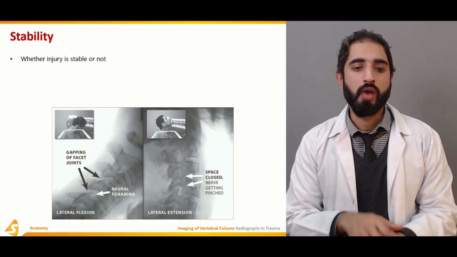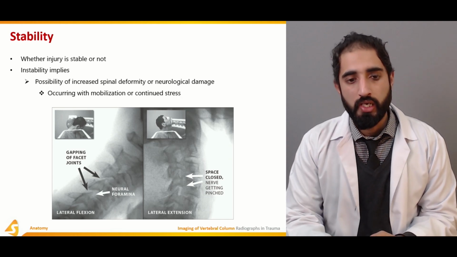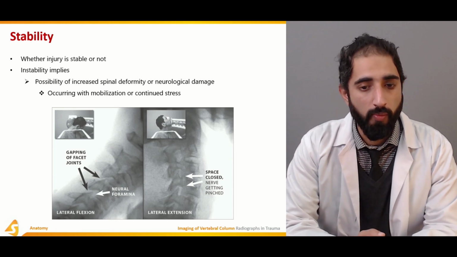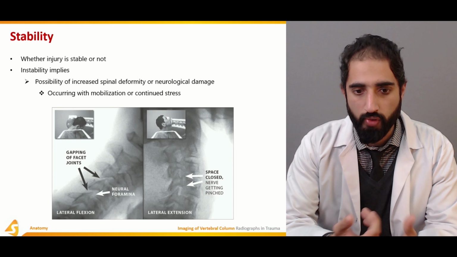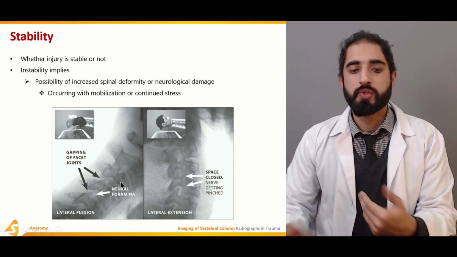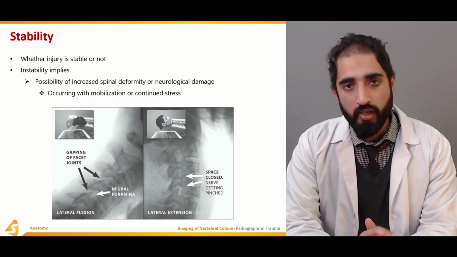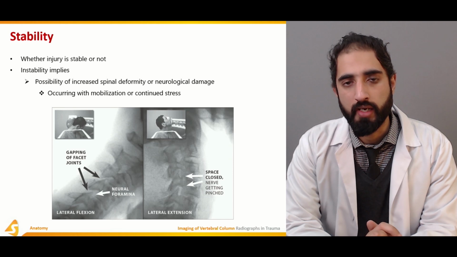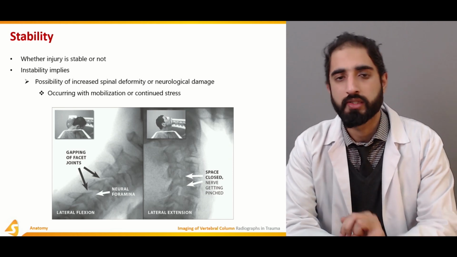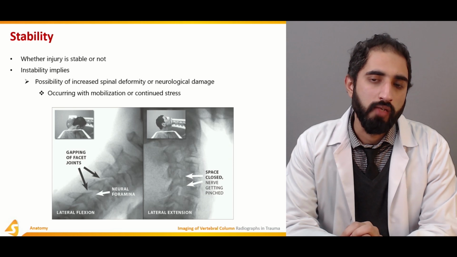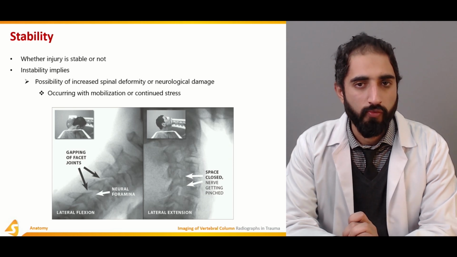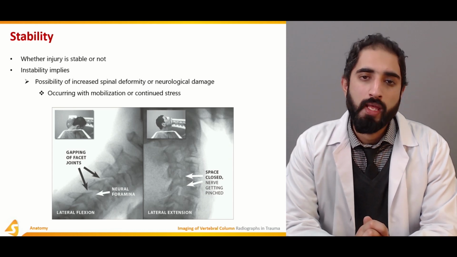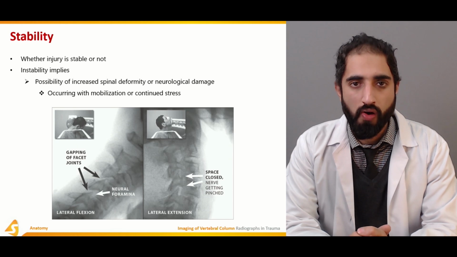Now, talking about stability, whether an injury is stable or not: instability implies the possibility of increased spinal deformity or neurological damage occurring with mobilization, movement or continued stress. For example, you may observe that the person has no compression of the spinal nerve root on a normal radiograph, but if we perform flexion or extension, then the closing of the facet joints and decrease in the intervertebral foramina may increase the compression on the spinal nerve root because of an instability.